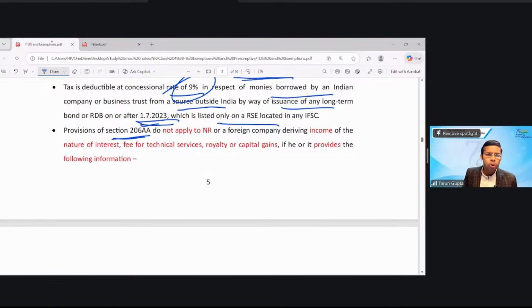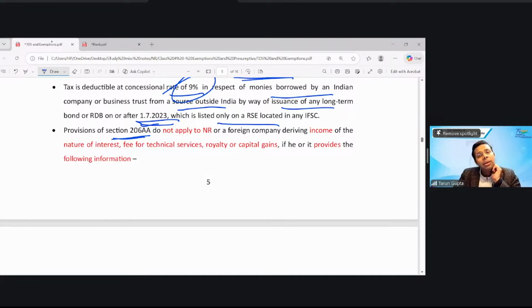Now we were discussing 206AA. 206AA provides that if the deductee, the recipient, does not provide its PAN to the deductor, then the deductor is obliged to deduct tax at the higher rate. You know all this.